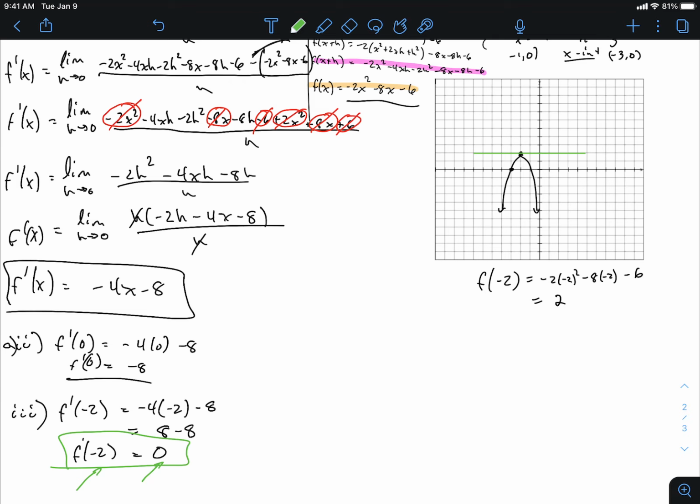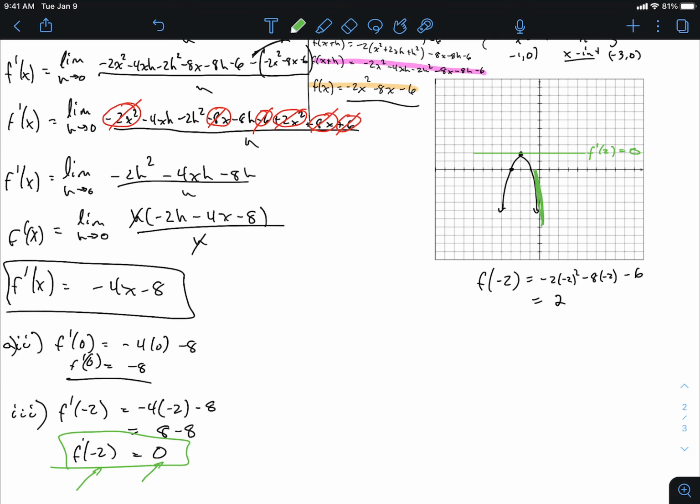Look. The slope is 0, right? It's where a ball would reach its maximum height. There'd be no slope at that vertex, right? Whereas the other one, when x is equal to 0, it's quite steep here, right?